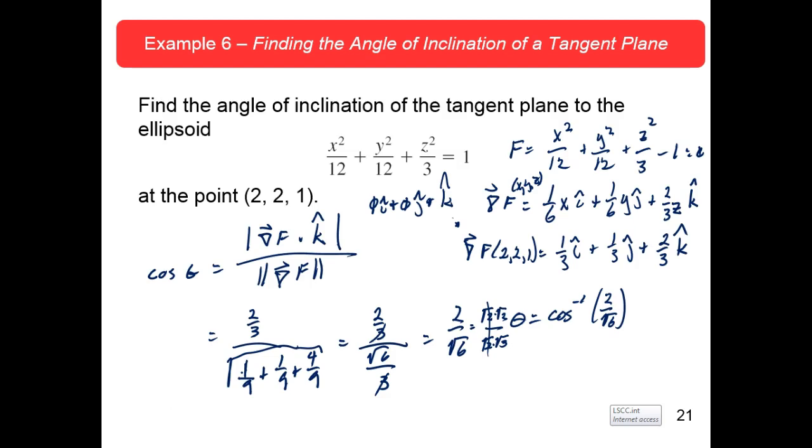Okay, so theta is approximately 35.3 degrees.